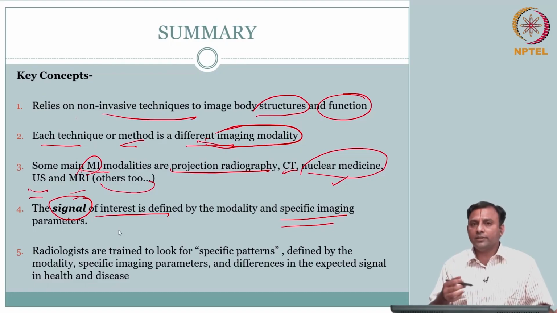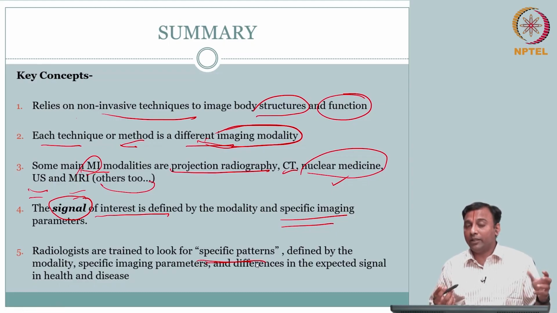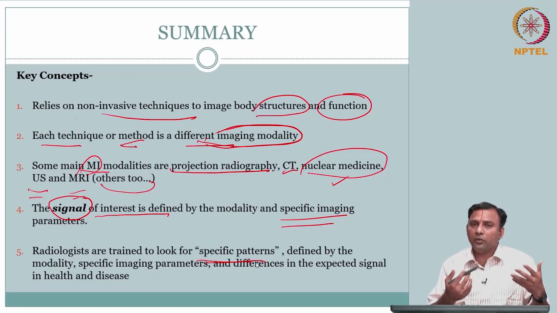So what doctors do is, they have this image, the overall objective that we said. Doctors essentially take this image, they look for specific patterns. If there is an abnormal pattern, they say, oh, there is a new growth here, that might be a tumor. Is it cancer, benign? That also you can use the modality to do, or you can take it out and do it the conventional way.